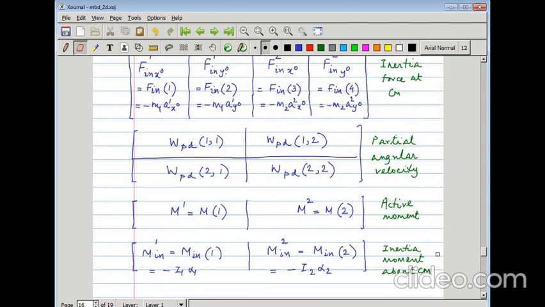This is the total couple moment, plus the externally applied couple moments, and these are the inertia moments.